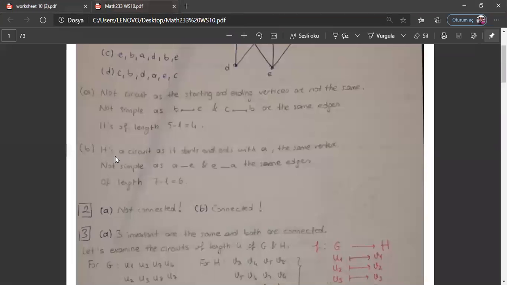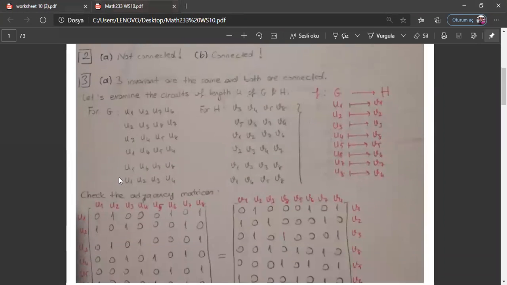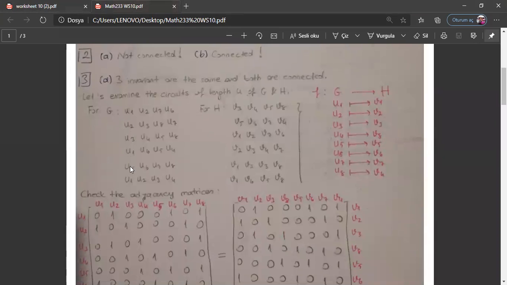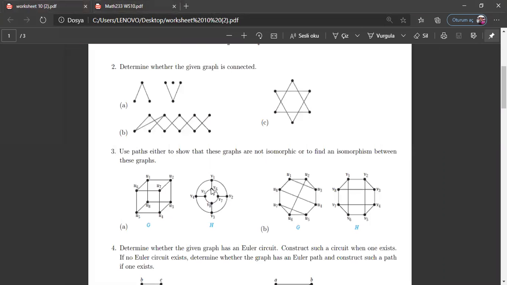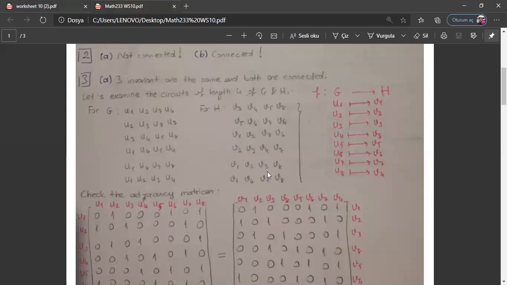So we write all circuits here. For G we have these ones, and for H we have these ones. So, for example, V1, V6, V5, V4 is a circuit on this. We write each of them here.